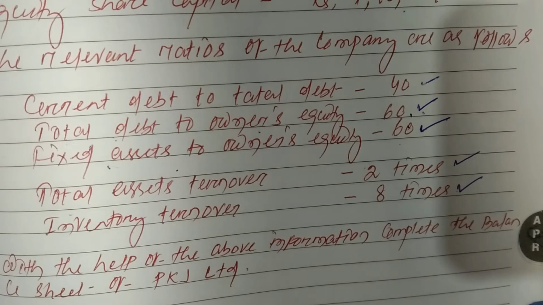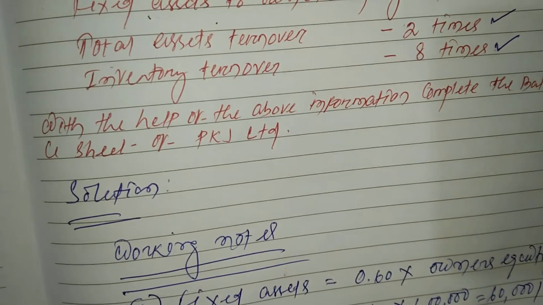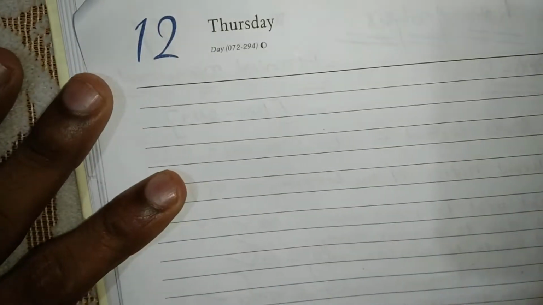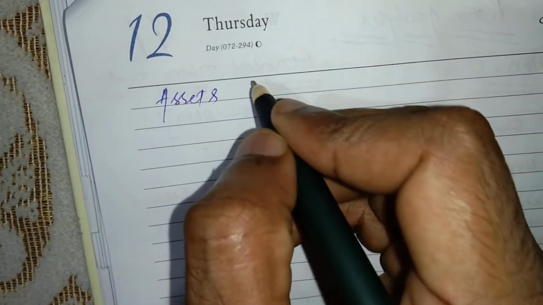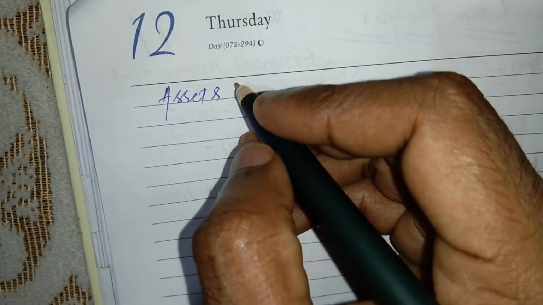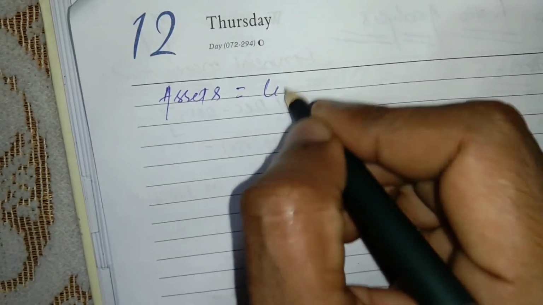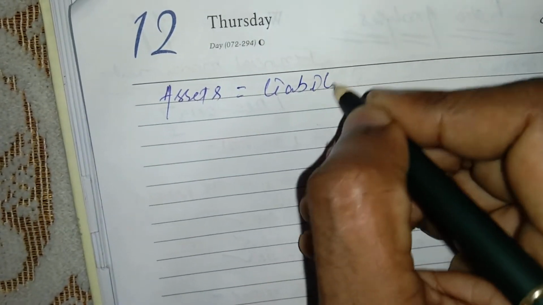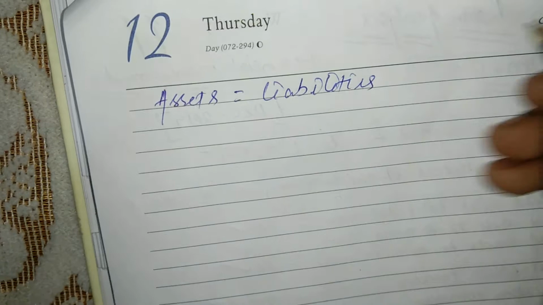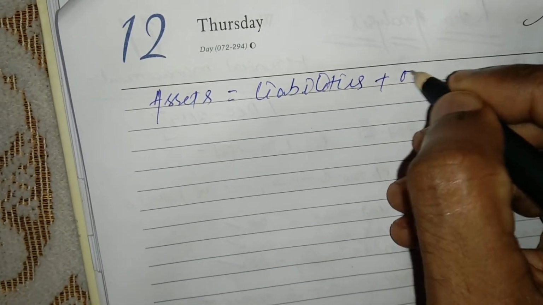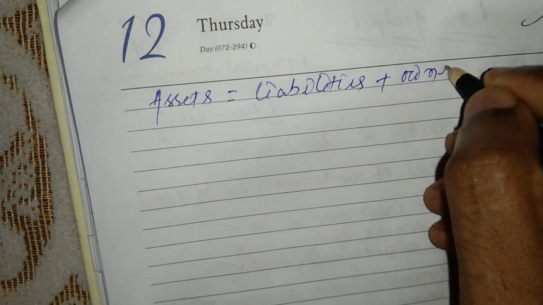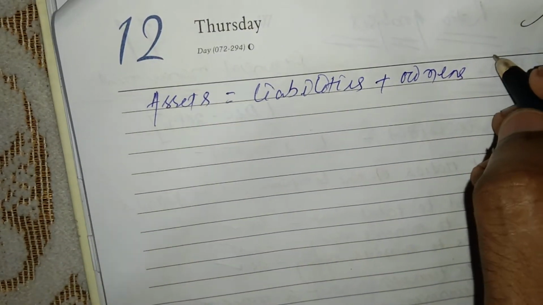So as we know that asset is equal to liabilities plus owner's equity.